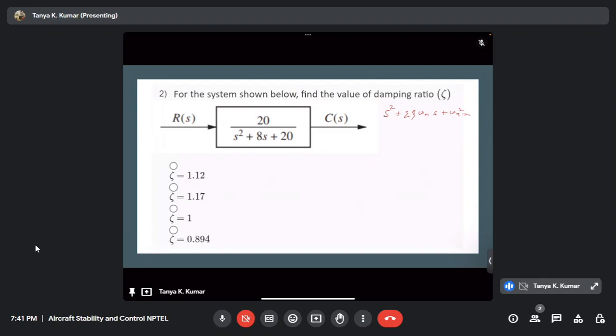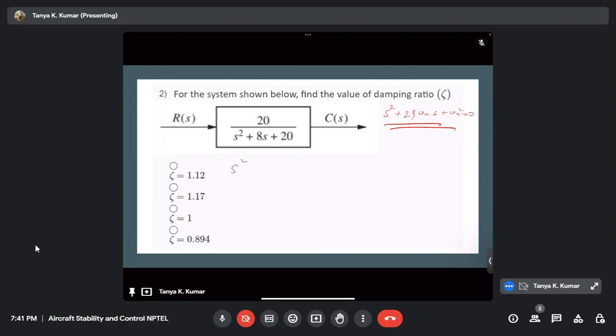Now if you equate the denominator and this equation, will you be able to find the damping ratio? Try doing it. Just equate the two terms.